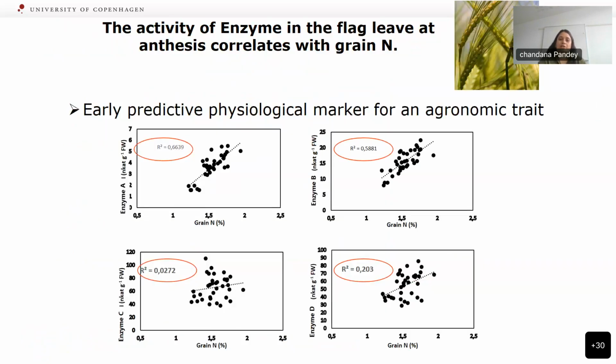For example, here are the identified enzymes. We took it to the next level, and wanted to see how these enzyme activities in flag leaf are correlated with anthesis and with the grain number. And out of 13 enzymes, we found 2 enzymes which are very nicely related to the grain number.